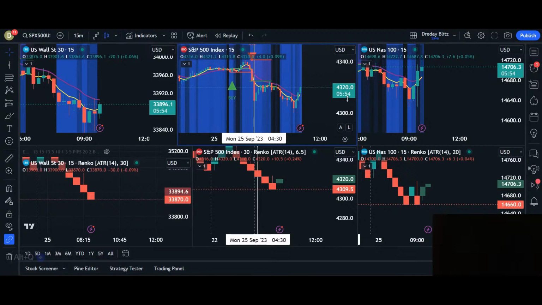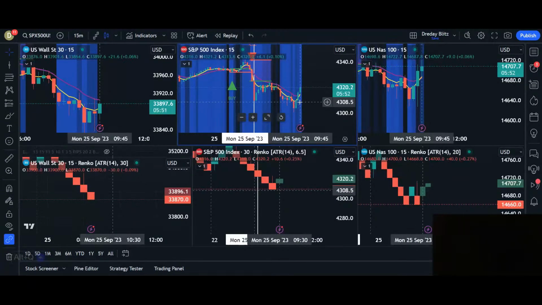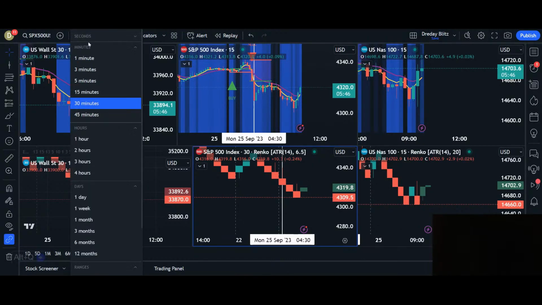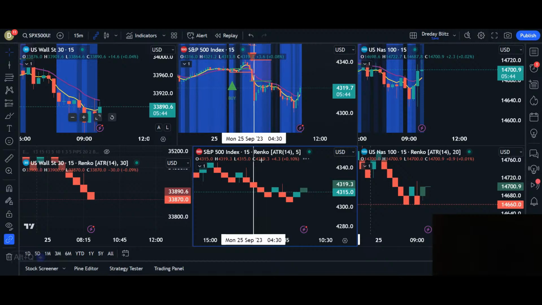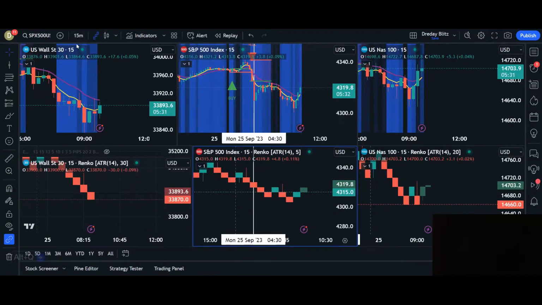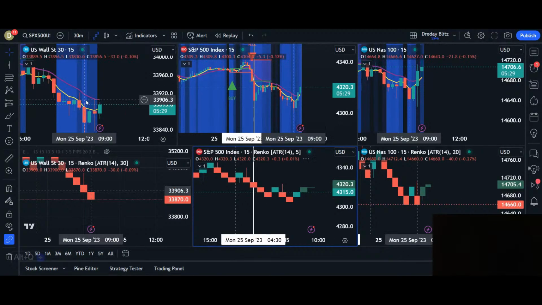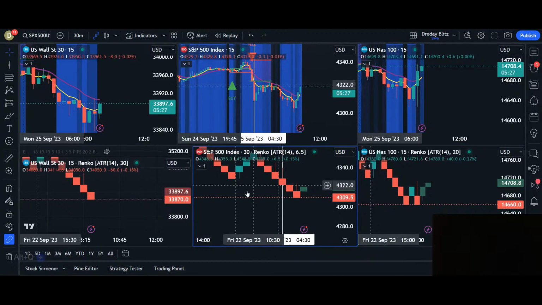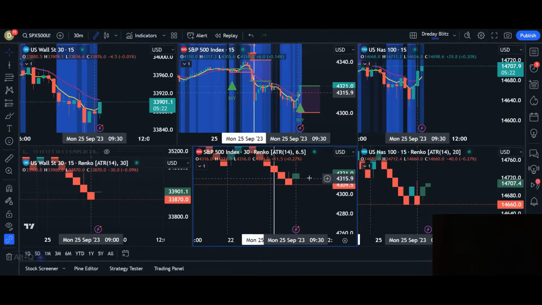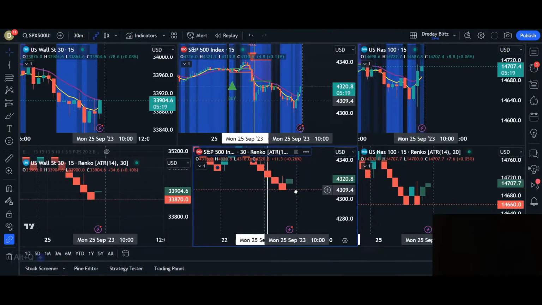In comparison to the 15-minute Renko, if we go back on 15, you see you had a reversal right here. So you would have cut your trade there. But if you look at the 30-minute one, it never reversed. So you would still be in the trade.